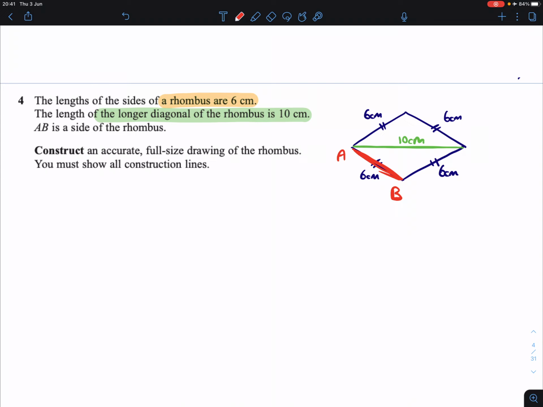So either way, we've got to try and figure out what are all the possible ending points of this point here from A. So like 6 centimeters in that direction, 6 centimeters in that direction, that direction.